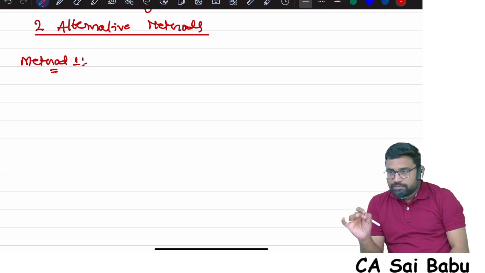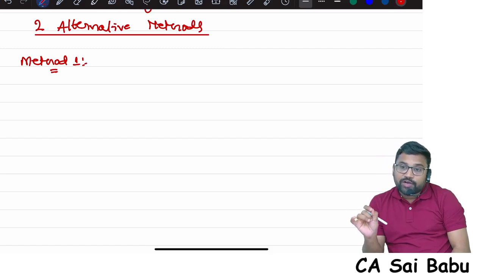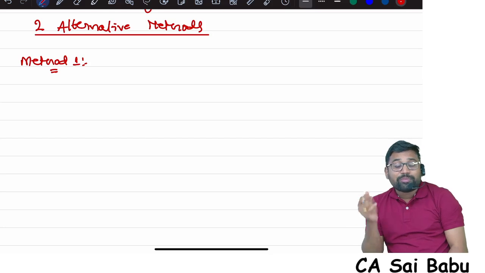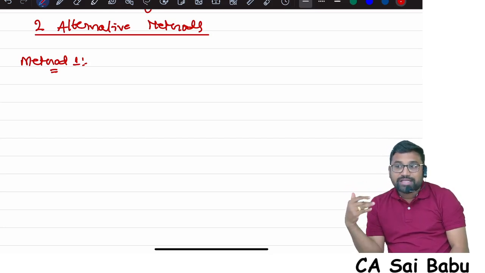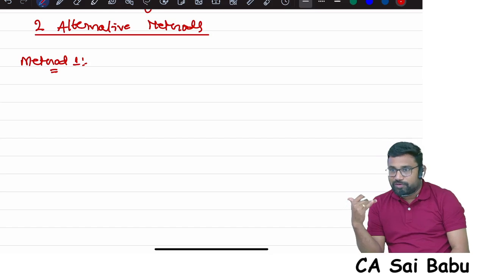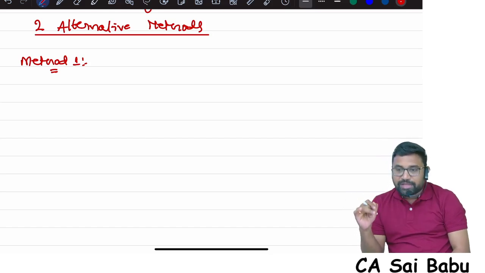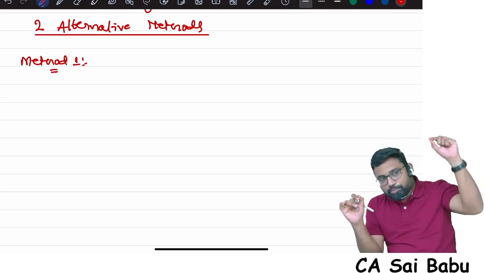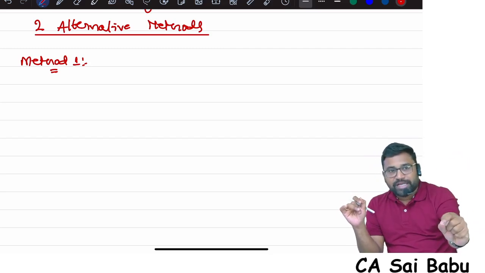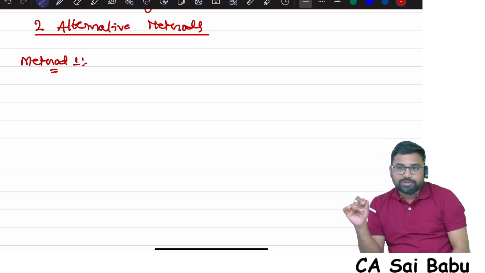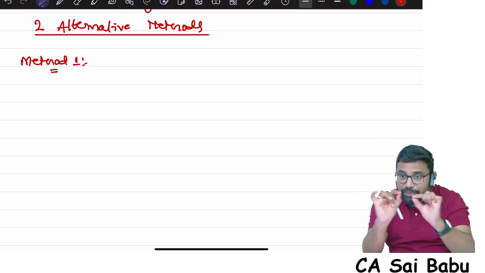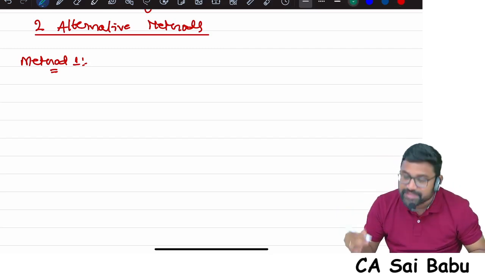Why do we open a provision for doubtful debts? To meet this possible loss, we charge some amount against the profit in the form of provision. This is the main principle you need to remember in this method.